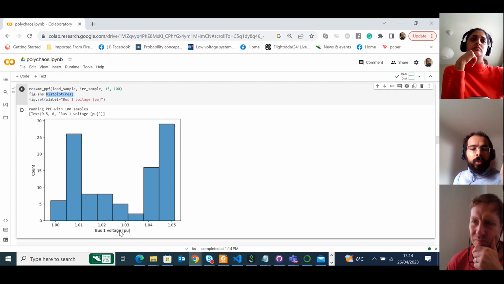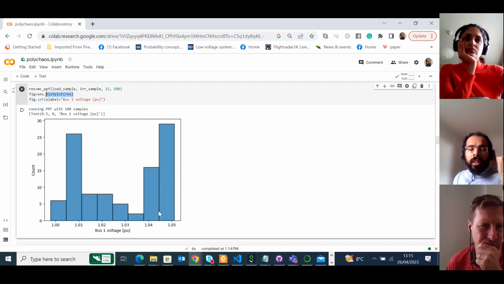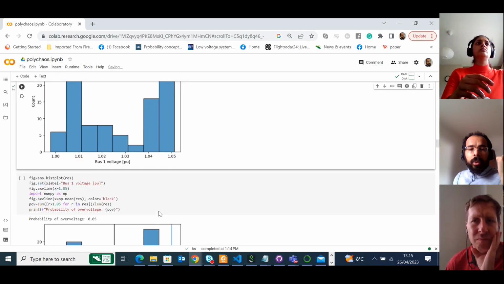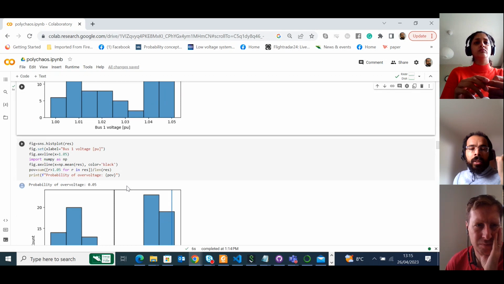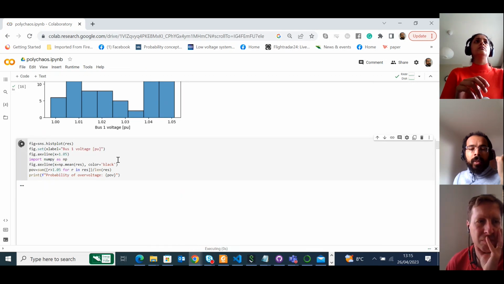And then I run the result mcppf for 100 samples and plot the histplot or histogram of the result. So bus 1 voltage looks something like this, and this is the uncertainty in the bus 1 voltage, right? That is basically what we want to do in Monte Carlo based systems, but not limited to that. We also might want to calculate what is the probability of over voltage.